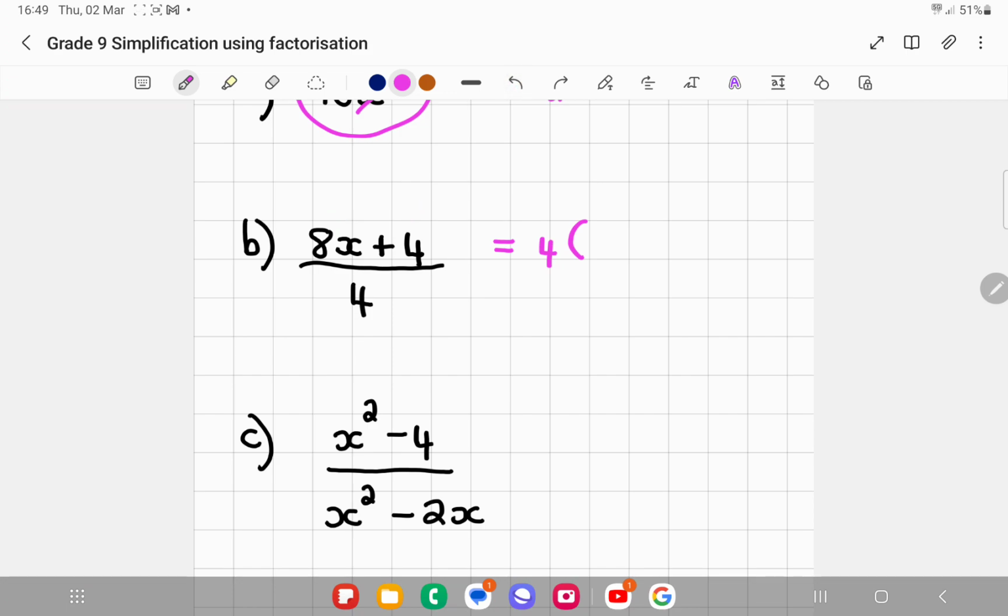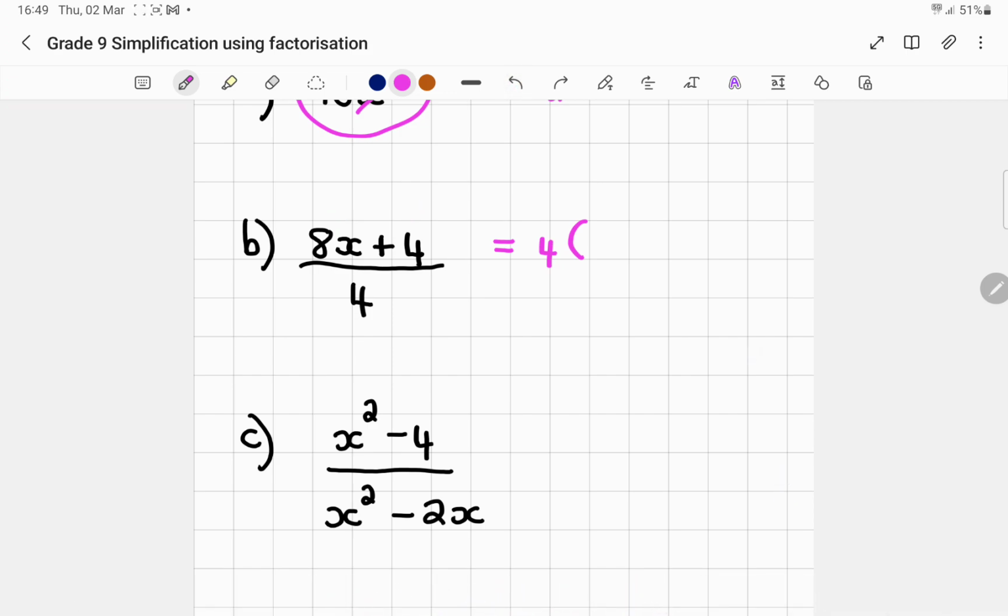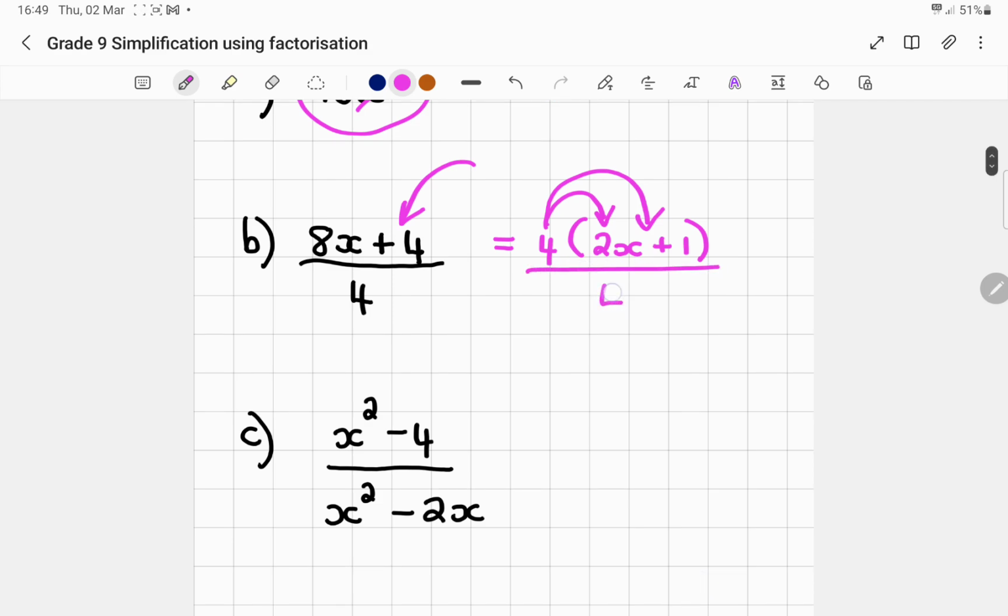So if I take out a 4, 8x divided by 4 is 2x, plus 4 divided by that 4 is 1. So that if I distribute it back, I get my original expression. And that was over 4. And now the two 4's can cancel out, and I've got 2x plus 1.